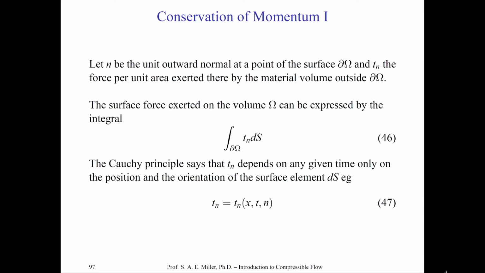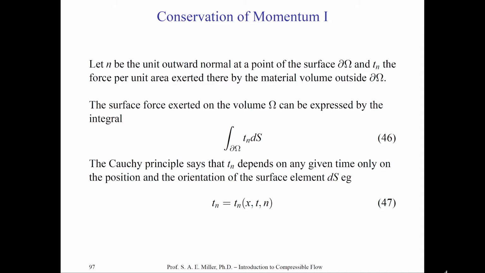So once again, let's define our outward pointing normal. N will be an outward pointing normal at any point on the surface of the fluid element, partial omega. And T sub n will be the force per unit area exerted by the material volume outside of partial omega. Therefore, the surface force exerted on the volume omega can be expressed by the following integral in 46, and look at it carefully.